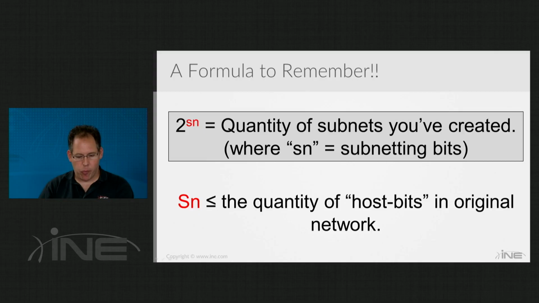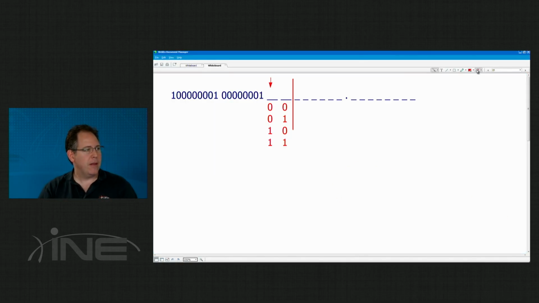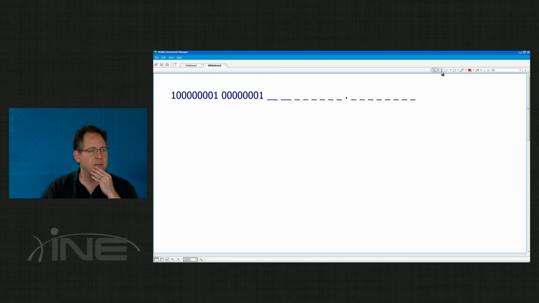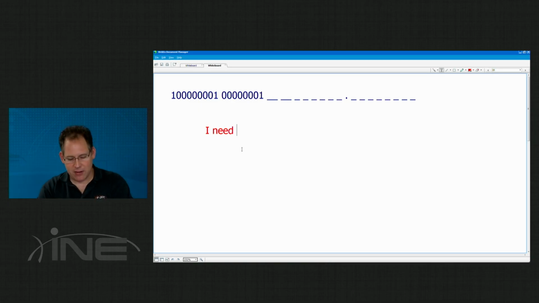Let's go back to my example. I'm given this original network of 16 bits, and I need, let's say, 8 networks. If I use that formula, 2 to the power of stolen bits, or subnetting bits, has to be greater than or equal to the number of networks I need.